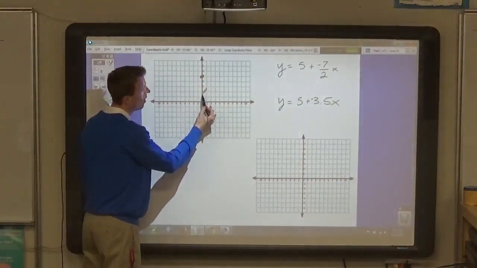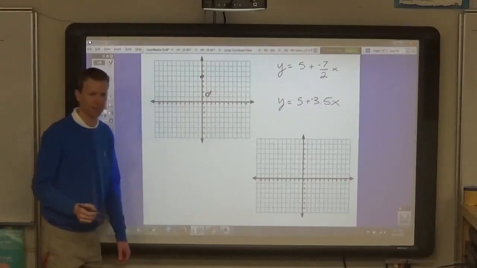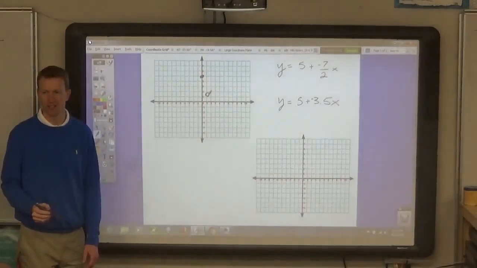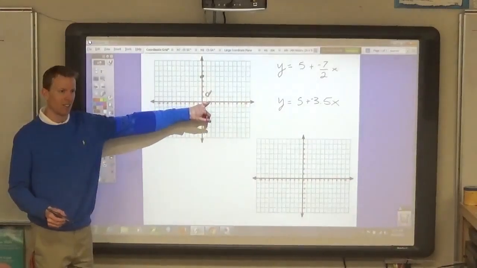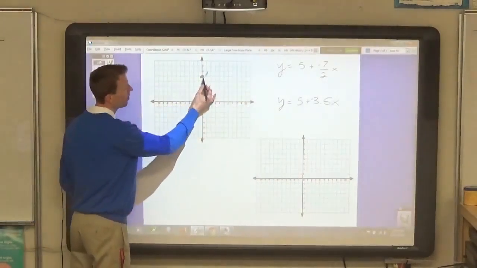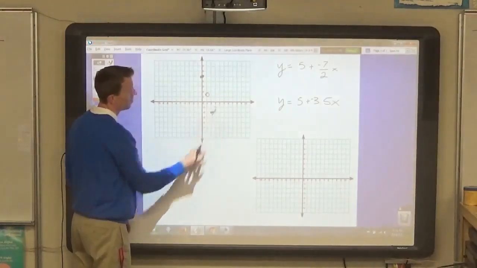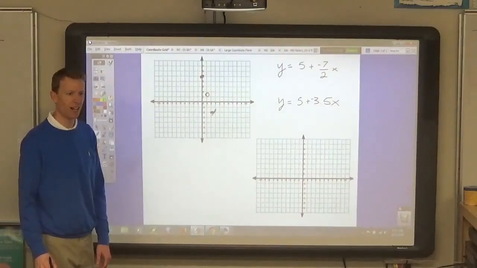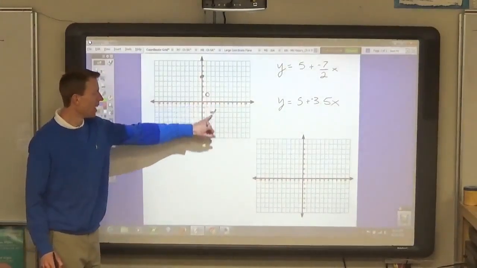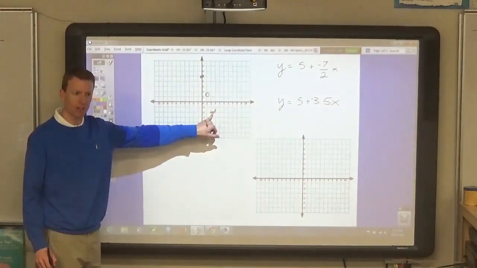So it's somewhere in here. And then over 1, it's going to be somewhere in this area. Okay? Or you could go down 7, and over 2, and mark that spot. Oh, it's still on a straight line. But the line is going to be more accurate if you put it on a whole number.